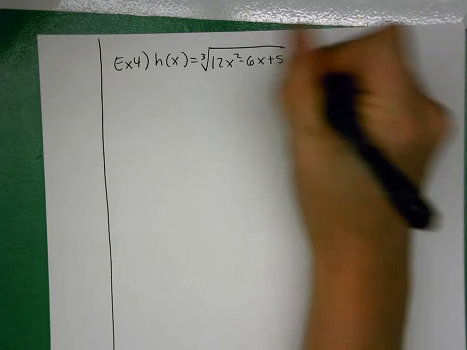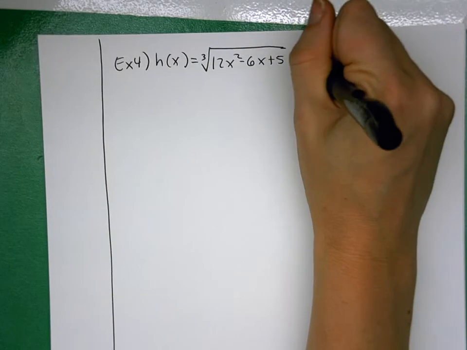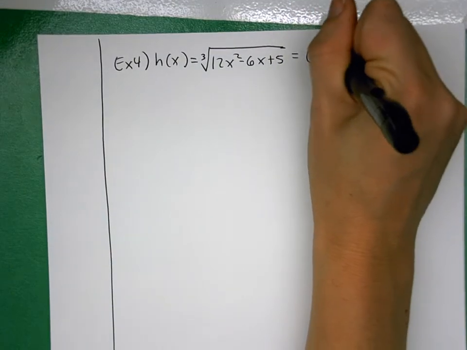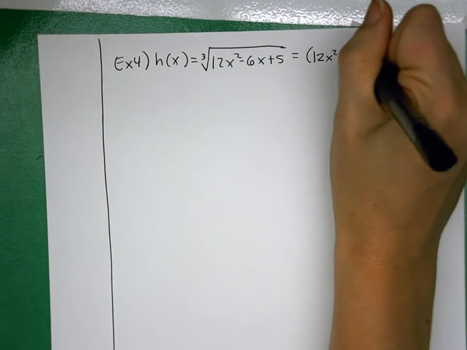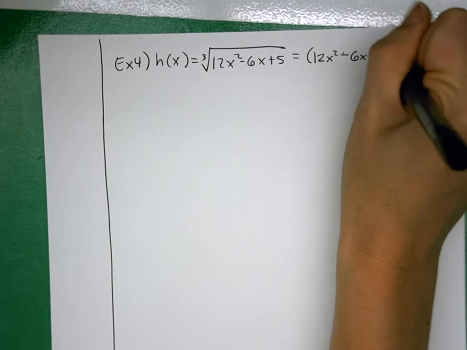Okay, so this one, rewriting it, we'd have 12x squared minus 6x plus 5 to the 1/3.